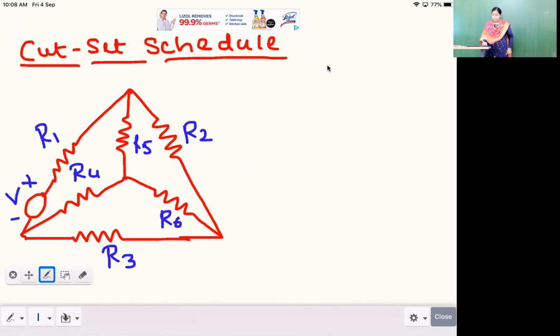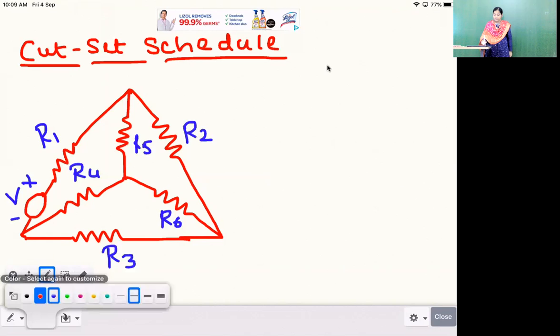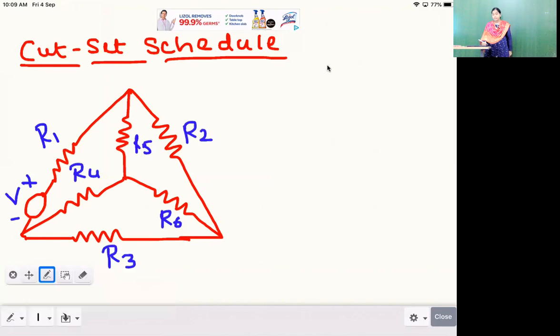Before we know how to write a cut-set schedule or matrix, let us follow the steps. For the given network, the first step is to mark the nodes. Let us identify the nodes. This will act as a node because three branches are associated with it. Let me mark this node as A. Now let us come to the left corner.